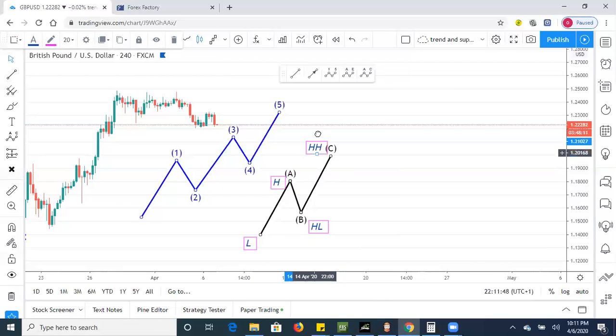So to establish an uptrend, you have to see two highs and two lows, right? So a low, a high, a higher low, and a higher high. This is what constitutes an uptrend.